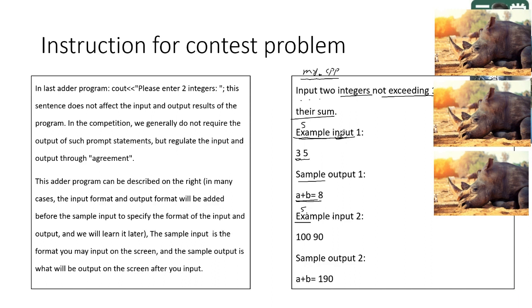If this is sample input 2, that means when your program runs and the black window shows, if I type 100 space 19 and push enter, you will see this in the black screen.